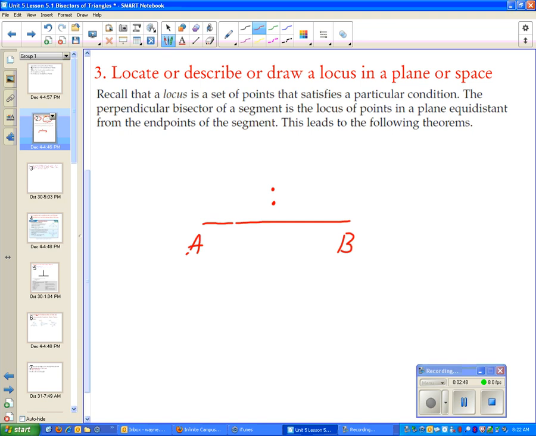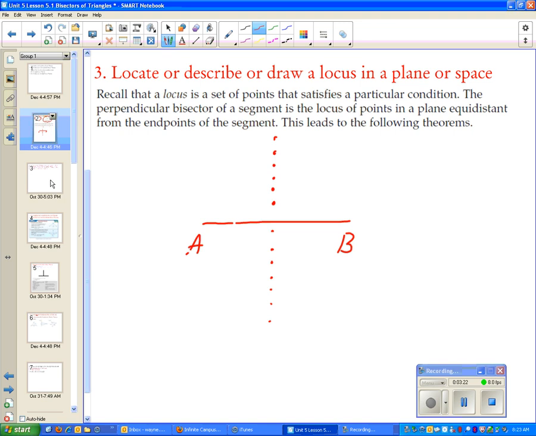But the distance from that point to A equals the distance from that point to B. And that, and that, and that, and that, and that, and that. And guess what all those points would be on? They're all on the perpendicular bisector. If I constructed the perpendicular bisector, every one of those points would be on it. Okay? So that's what they mean here when they tell us that the locus of points in a plane equidistant from the endpoints of the segment is the perpendicular bisector. Does that make sense to you?